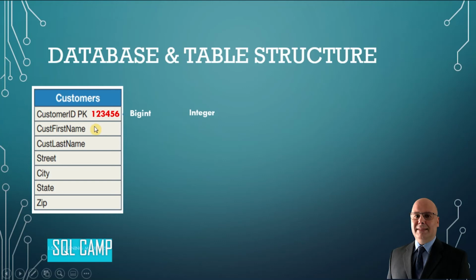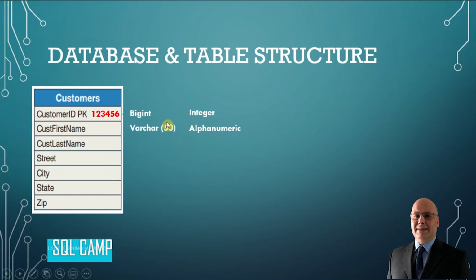The next thing is the customer first name. If we give it a VARCHAR, or variable character, of 50, it means that any value we enter for this column should be an alphanumeric value, for example John the Third or Patrick, or any first name that you can think of.